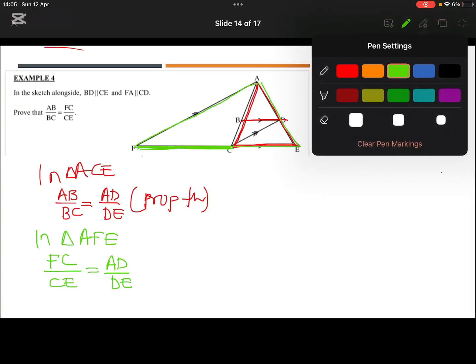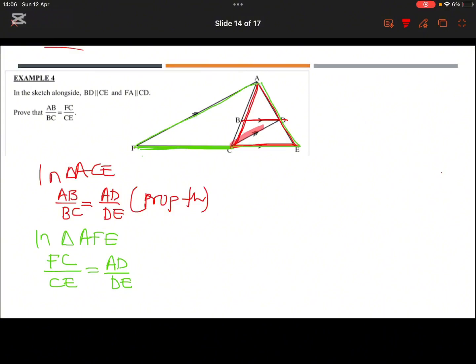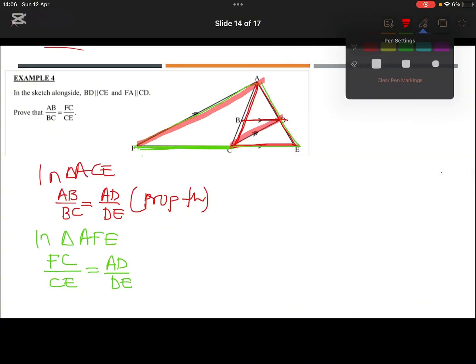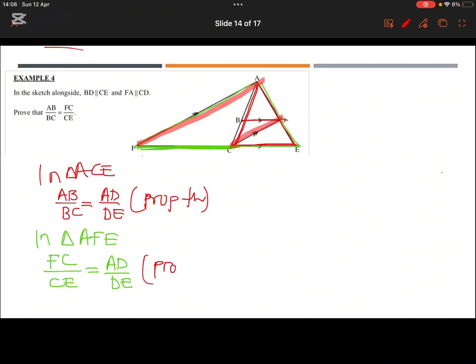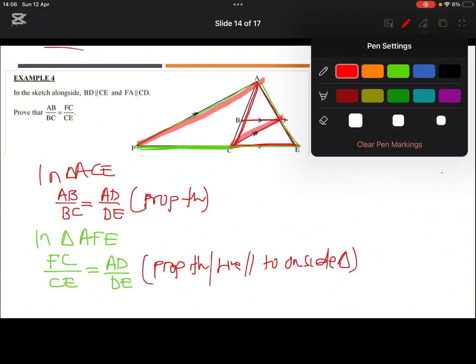Why is that the case? Because we have a parallel line CD and FA. So the line is drawn parallel to one side of the triangle. Then now we can say proportion theorem, or line parallel to one side of a triangle.